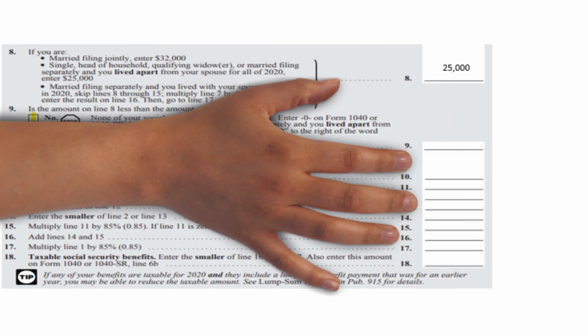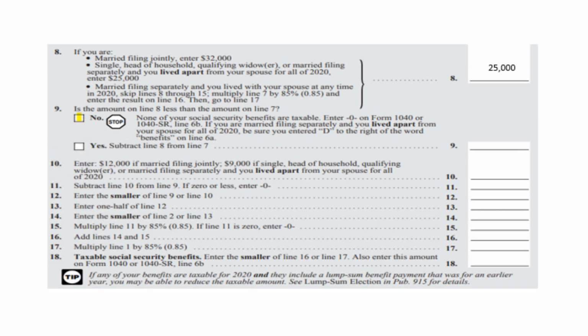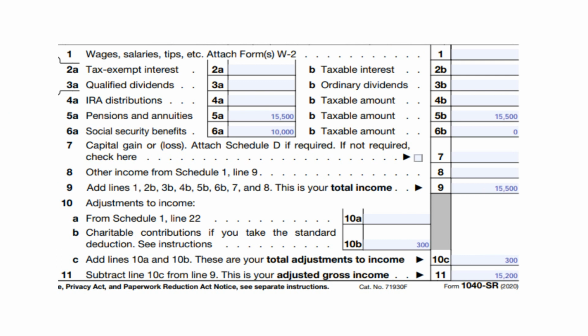On line 8, put $25,000. And on line 9, since line 8 is more than line 7, it will be 0. None of your Social Security benefits are taxable. Carry 0 to line 6B, and on line 9, add lines 1 through 8 for $15,500.